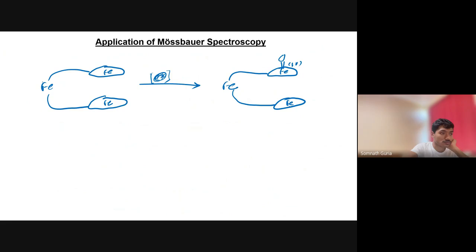Okay, this is what they are making, and they are treating it with the oxidizing agent. Let's suppose this is the oxidizing agent, and then they form the ferrocene. Fe, this is iron 4 oxo. This is also iron 4. Okay, and then they try to monitor the Mossbauer.